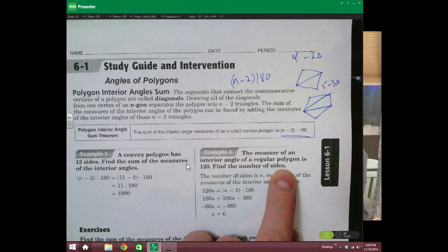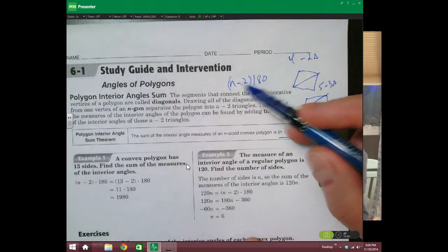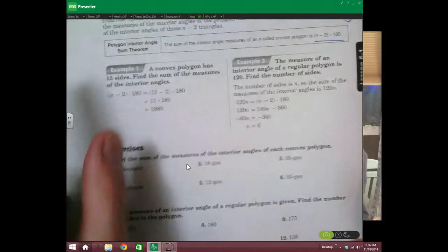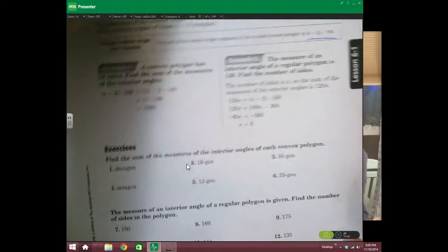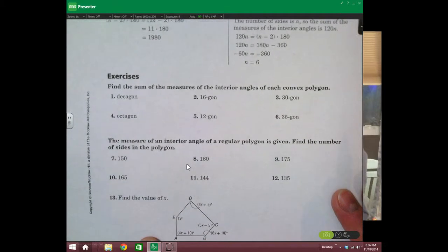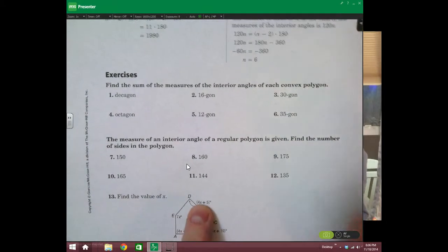So basically it's the number of sides minus 2, because that's how many triangles you can make, and then for each triangle you get 180 degrees. So that's the formula. Let's look at a couple examples. The first one says find the sum of the measures of the interior angles of each convex polygon. Let's start with number 5.